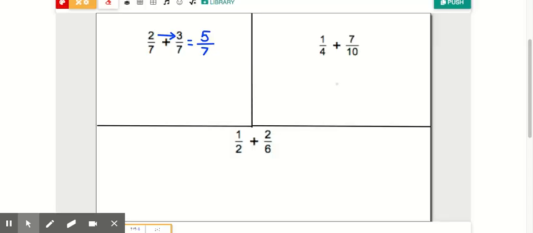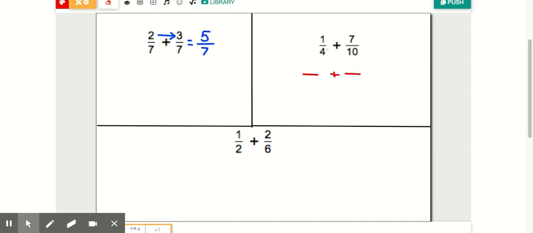All right, next. We have 1/4 plus 7/10. Now I notice that I don't have the same denominator here. So what I have to make sure I do is rewrite my addition problem and give my fractions the same denominator.